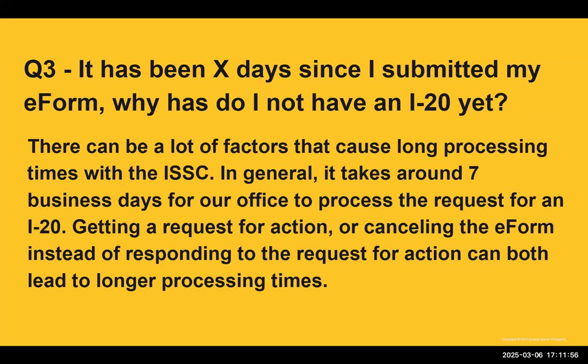Getting a request for action or canceling the e-form instead of responding to the request for action can both lead to longer processing times. Particularly if you cancel the e-form, that's going to cause a lot of issues because it's going to get stuck in the wrong stage and it's going to get lost if you resubmit the e-form again with the corrections requested. So please do not ever cancel the e-form unless you're explicitly told to.